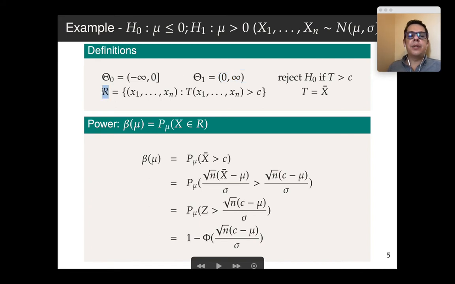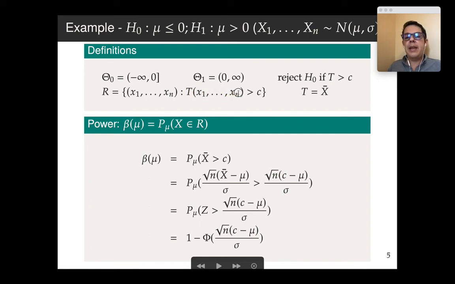The rejection region R is all the points. As you can see here, there are n different points, which correspond to the n different random variables. We sample n different points, but we sample all the possible combinations of n points in an infinite space. What we are saying here is that all the points that are true for this statement are going to be in the rejection region R. We are going to test some statistic on these n points.